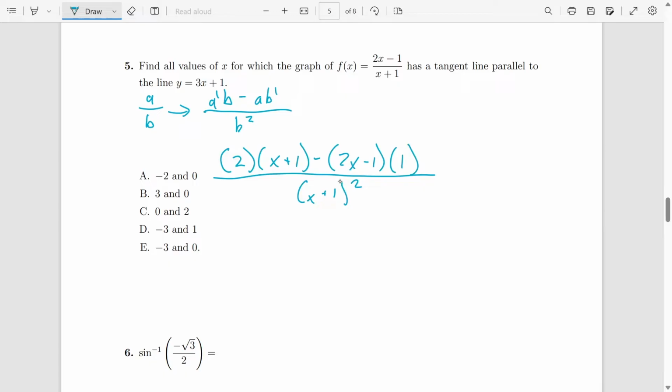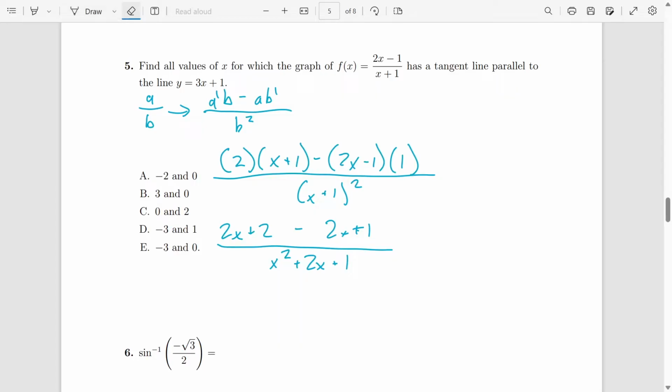Since we're not actually plugging in a value for x, I am going to simplify this whole thing so that we can easily solve for 3 at the end. This becomes 2x plus 2 on the left, minus 2x minus 1, which is the same as minus 2x plus 1, all over x plus 1 squared, so x squared plus 2x plus 1.